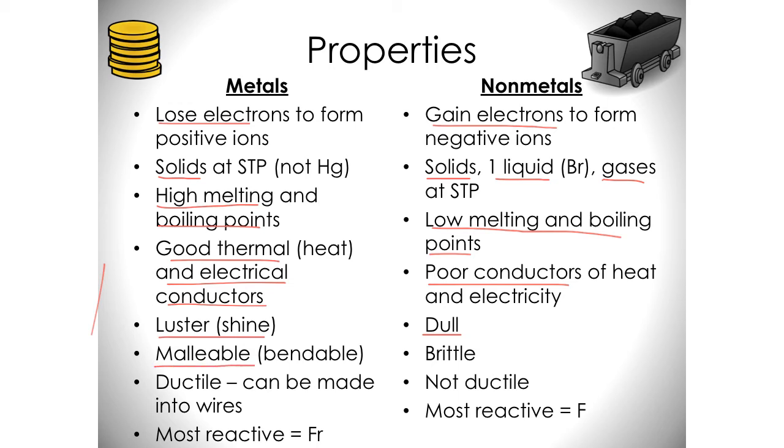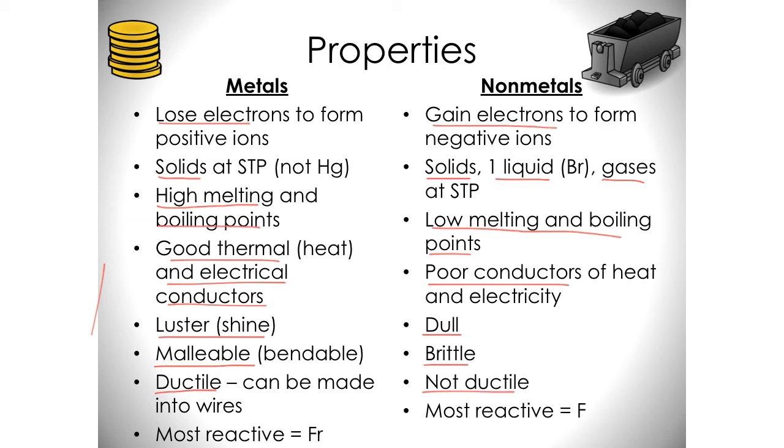Our metals are malleable, which means that they are bendable and shapeable. And our nonmetals are brittle. So when you try to bend a solid, it just breaks. It doesn't mold like a metal would. Metals are also ductile, which means that they can be drawn into wires, and nonmetals are not.